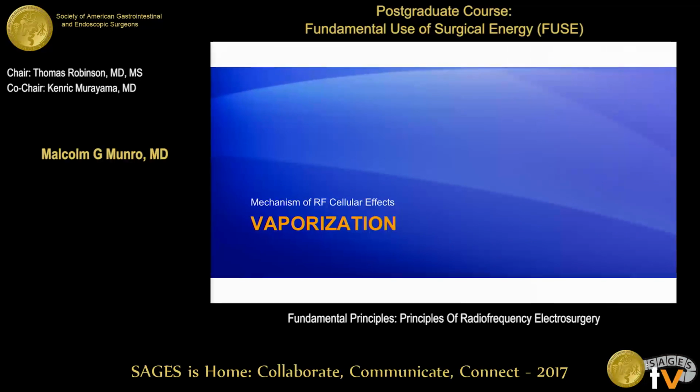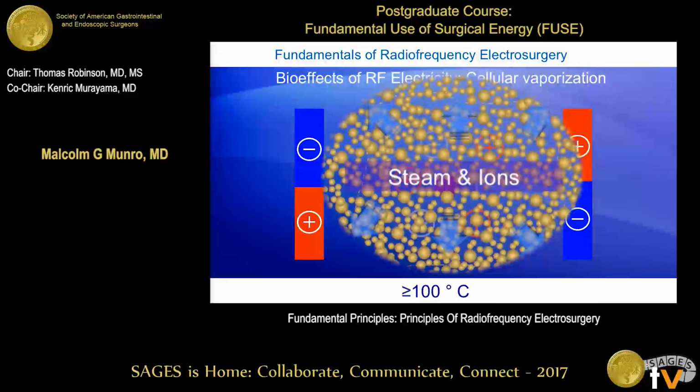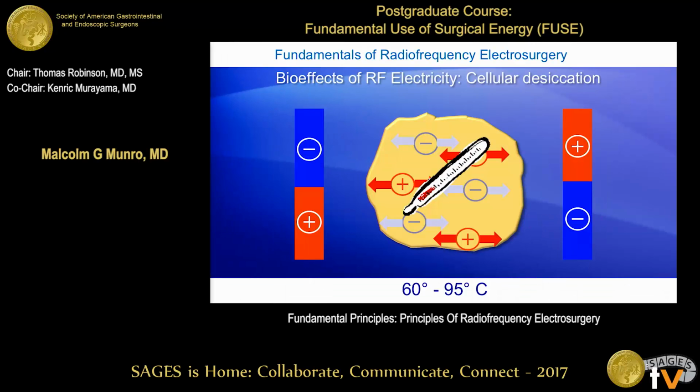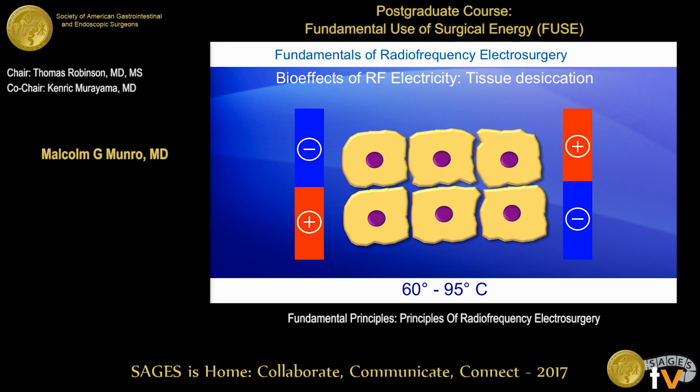Now, so we talked about vaporization, and so if we elevate that temperature to 100 degrees centigrade quickly, we get that liquid-gas conversion and massive cellular expansion and vaporization. But if we keep it in that 60 to 90, 95 range, what we get is loss of intracellular water, damage to the membrane, and shrinkage.